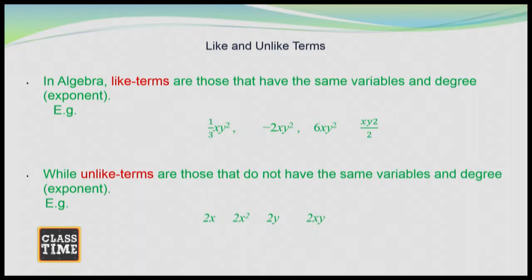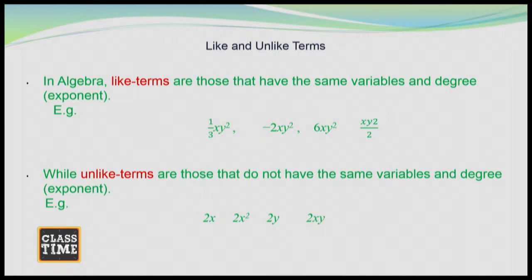And for the examples we have here, let me see if I can apply this to what is actually here. I am seeing 2x, I'm seeing 2x squared, 2y, and 2xy. Now, when I'm looking at the variables and the degree, I'm seeing x raised to the power of 1, x raised to the second power, y raised to the power of 1, and xy raised to the power of 1.